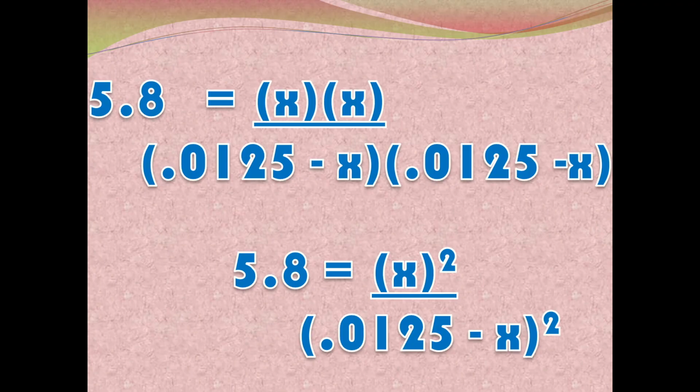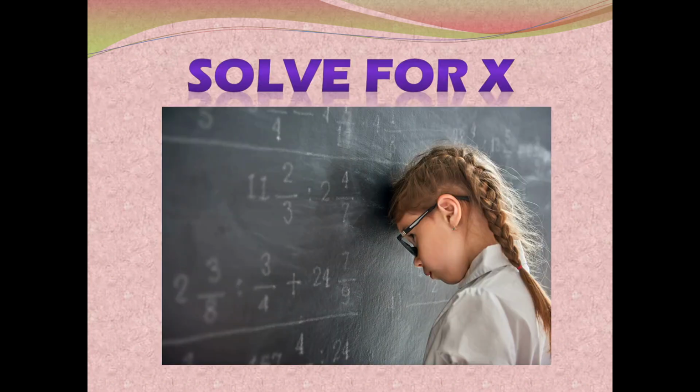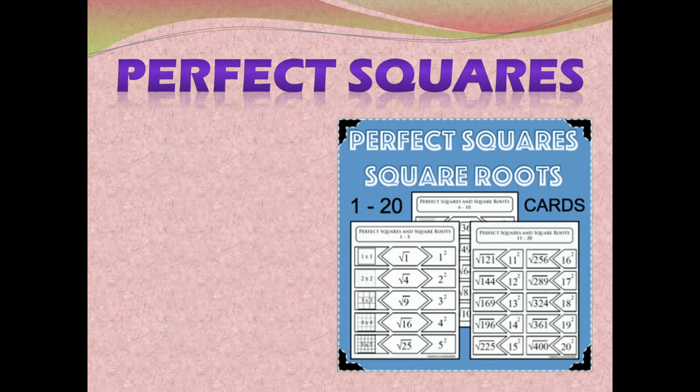If that's the case, if everything I have on the right-hand side is squared, when I solve for x, I have a problem that's referred to as a perfect square. I can take the square root of both sides and not mess anything up. A perfect square problem says that both sides are the square of something.